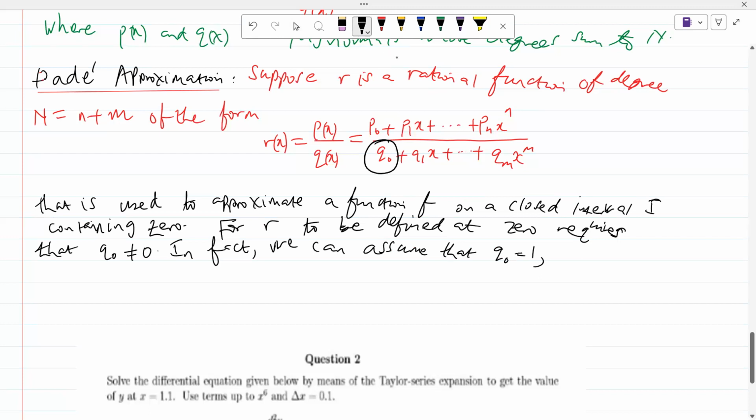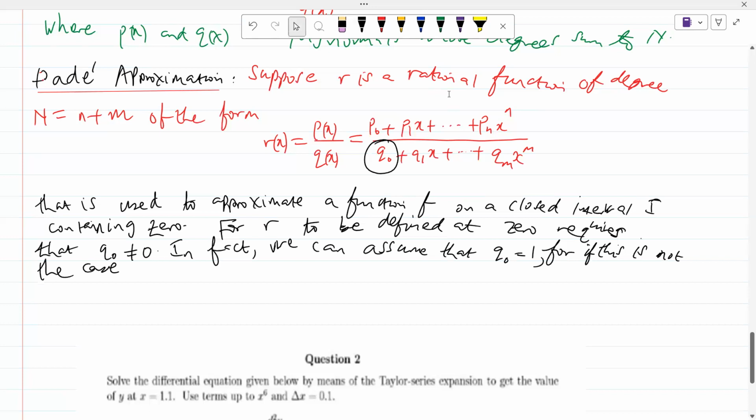Now we go on to say, if this is not the case, if it's not 1, what does it mean?